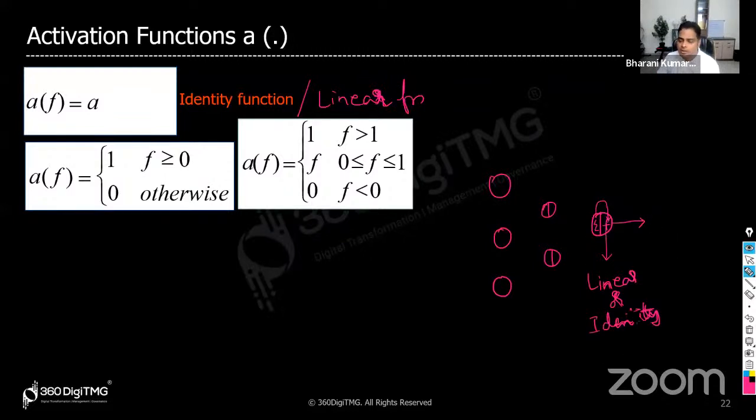All right. And remember one more thing, that when your output variable is continuous, then the output layer activation function would be linear or identity.